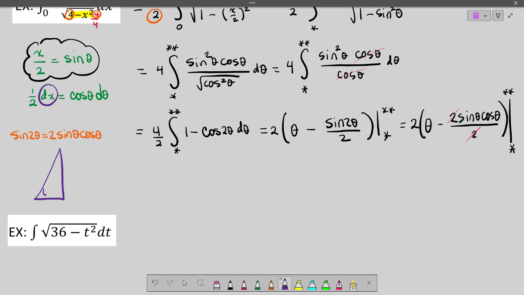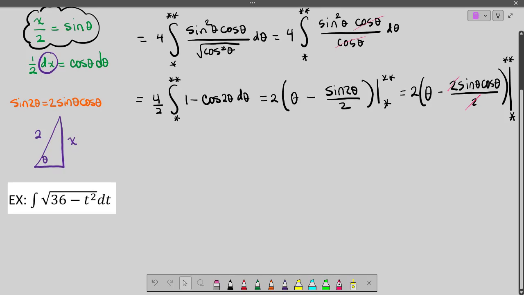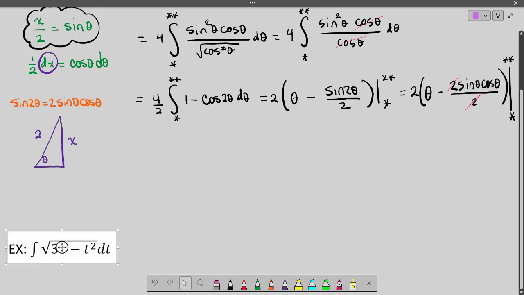So theta is always down here in the left, like it's quadrant 1. And then we have that sine of theta is x over 2. Well, we know that sine of theta is opposite over hypotenuse. So the opposite over hypotenuse has to be x over 2.